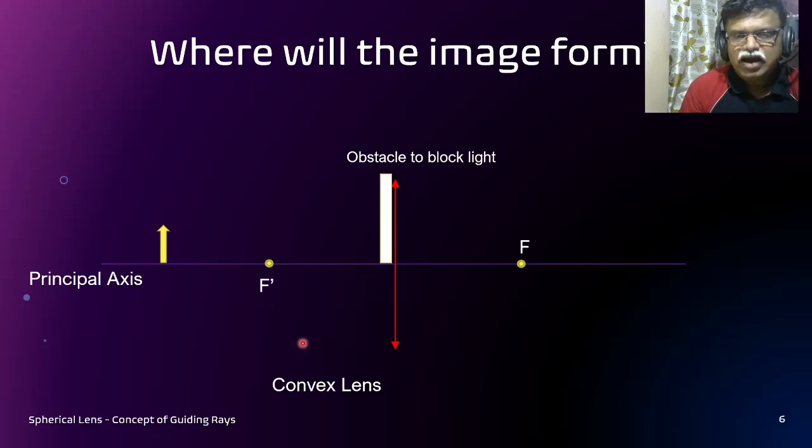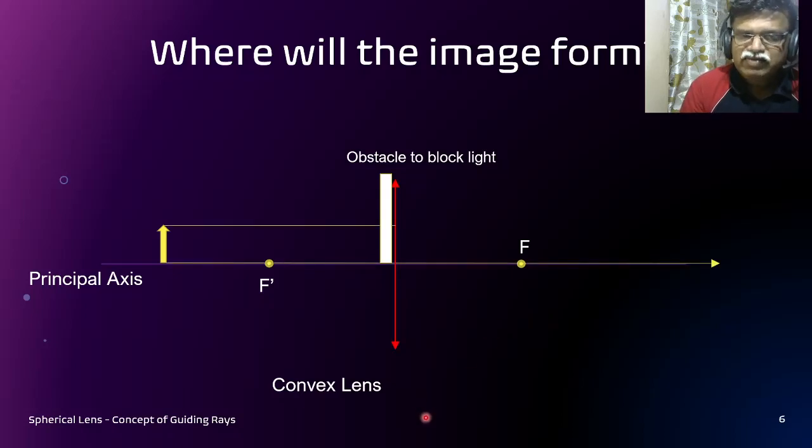So here we have to keep in mind that those guiding rays were only helping us to find where the rays will go. Every part of the lens is acting as a lens, and therefore this part of the lens is still exposed to this particular object. So the rays coming from this tip can still be incident on this part of the lens and will get deviated and ultimately meet where the image is going to form.